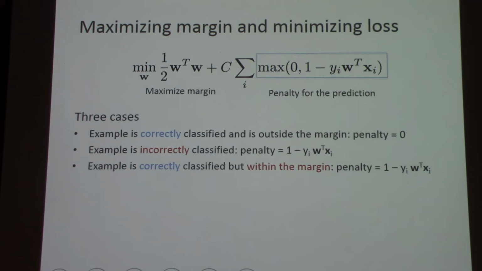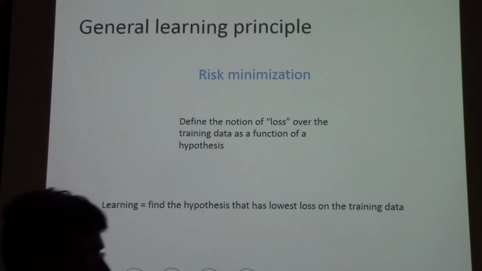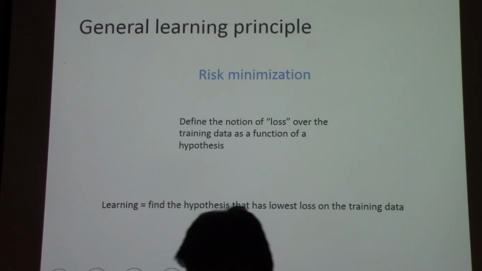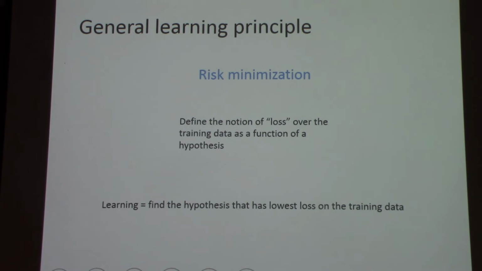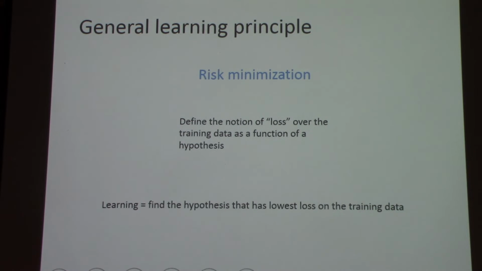But just a minor detour, probably this is the first time I want to introduce this principle called risk minimization. Risk minimization is also called loss minimization or empirical risk minimization, and it's the following idea. I want to train a classifier. In this case it's a linear classifier, but in general some classifier, think decision tree or anything.